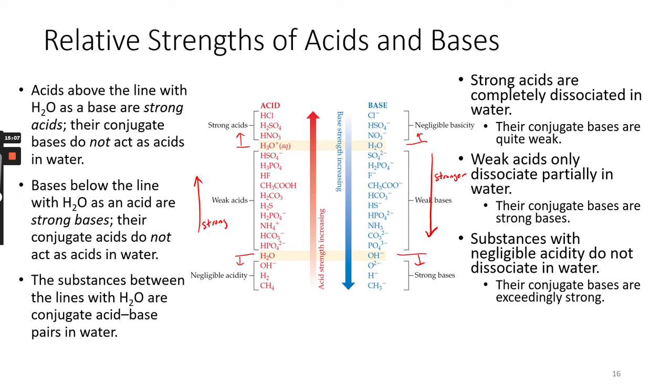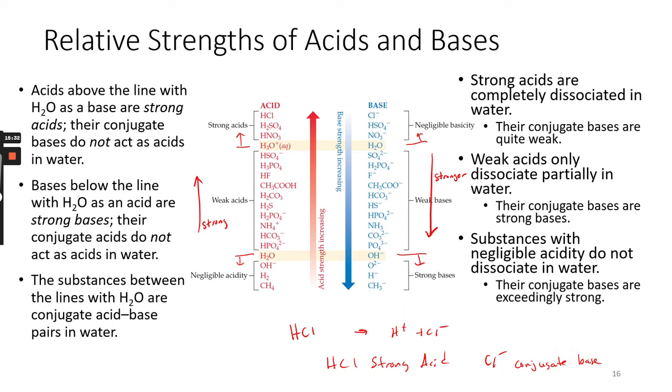Strong acids completely dissociate in water, so their conjugate bases are quite weak. So HCl will break apart into H plus and Cl minus. HCl is a strong acid. Cl minus, which is its conjugate base, is barely basic.